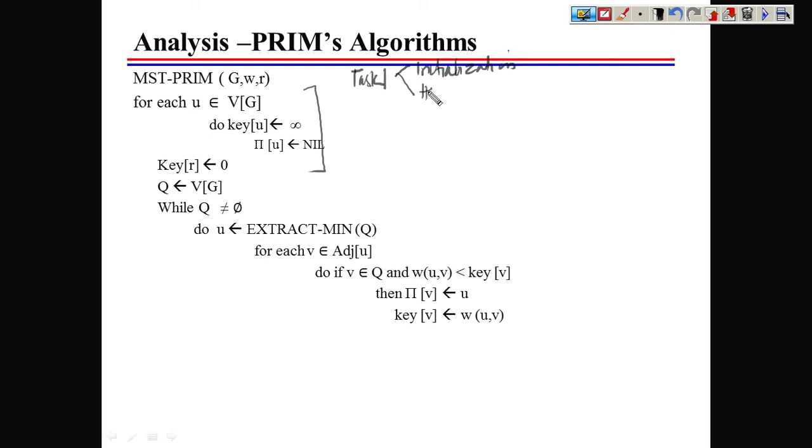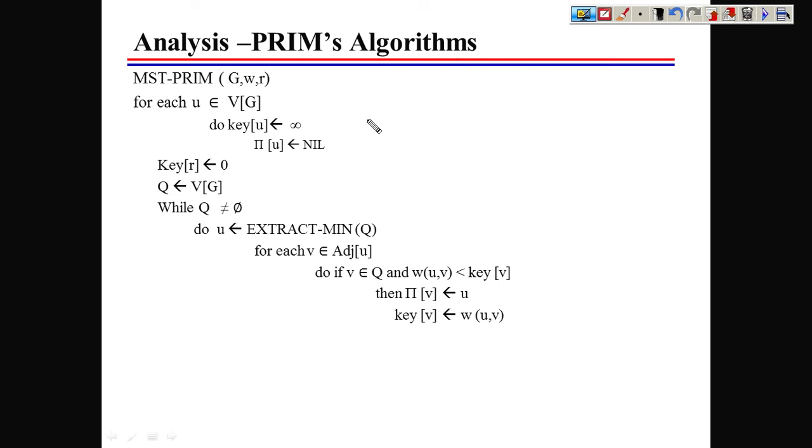So in task one we are building a heap, and in task two we are doing the extract min operation. This is one thing that we are doing mainly, and also we are updating the vertex based on this condition. We will see how the cost is incurred in each of the tasks.